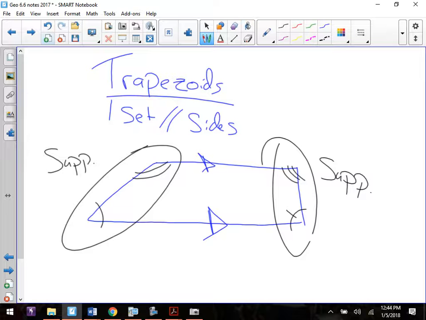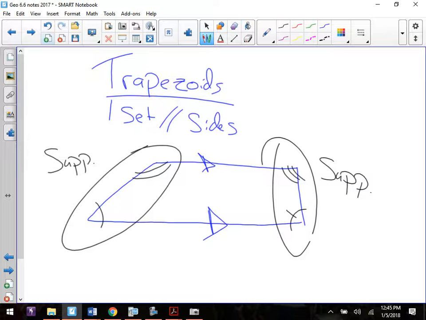So an isosceles triangle has what? Congruent base angles. What else? Two congruent sides. Good. Now, an isosceles trapezoid is actually built from an isosceles triangle.